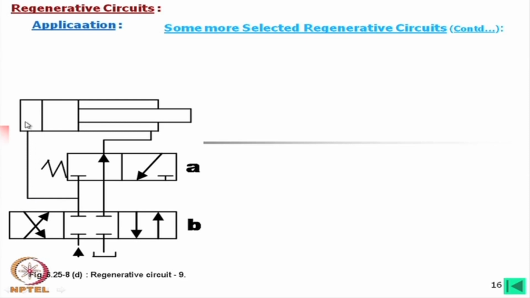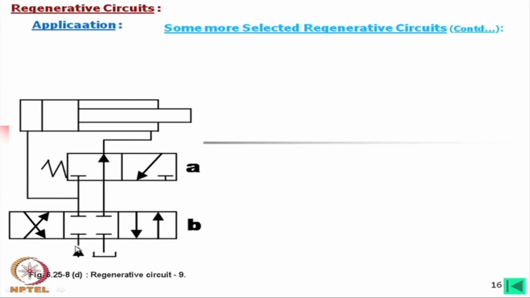This oil will go to this side, but this oil also goes to this side. Then only this regenerative, that means it is connected like this, regenerative. No, it is like that, you think twice, say this is connected and this is connected, then oil is going to this, this is moving, and also this connection is there.